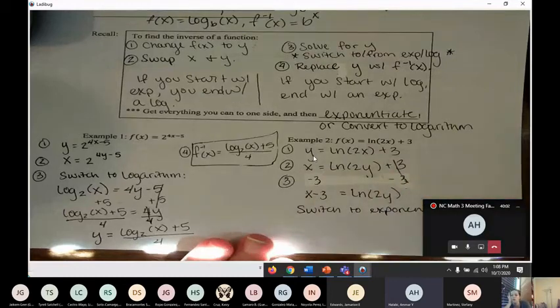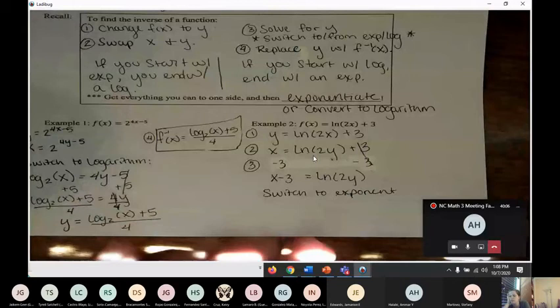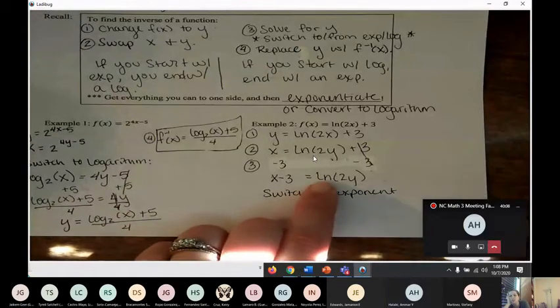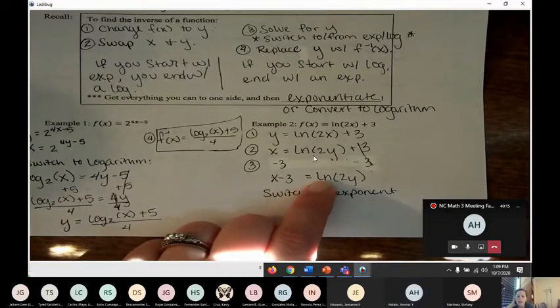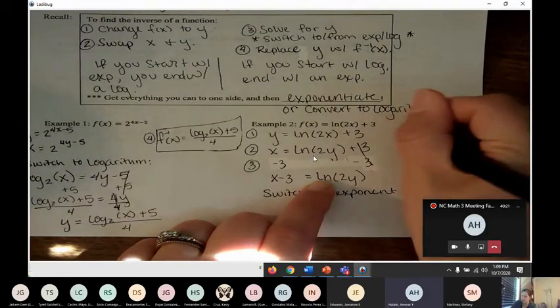Switch to x. Yeah, we are. It's the base of ln. Miss, I cannot hear you. What's the base of ln? 2y. No.